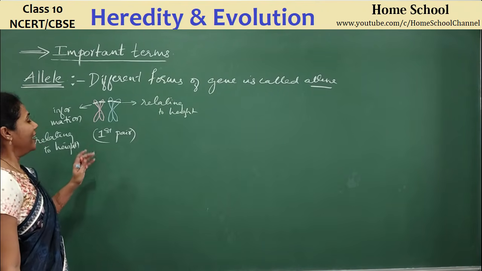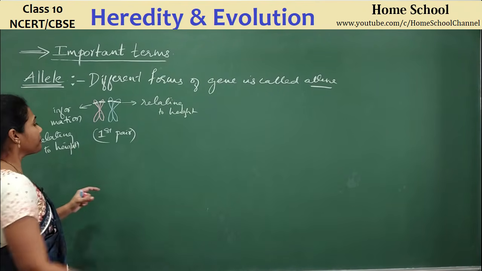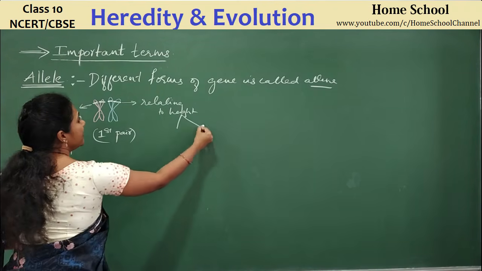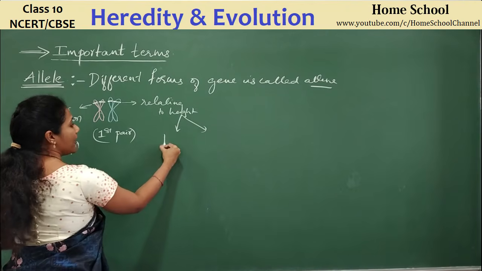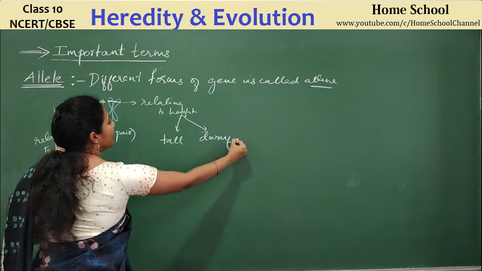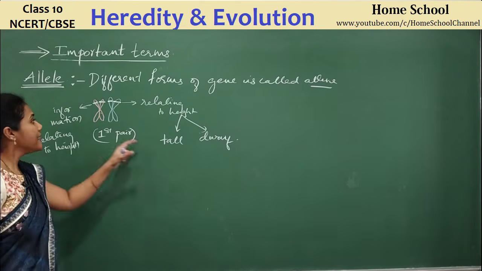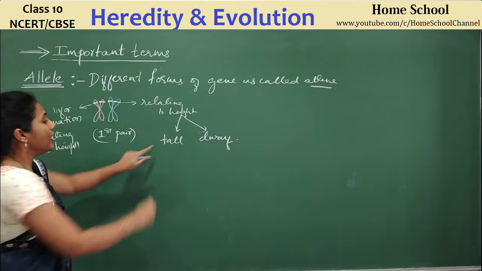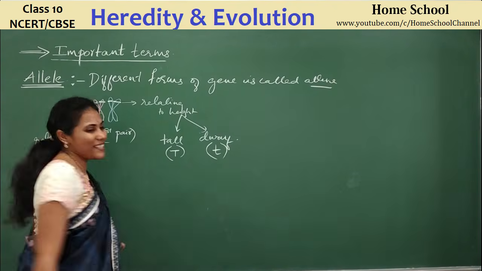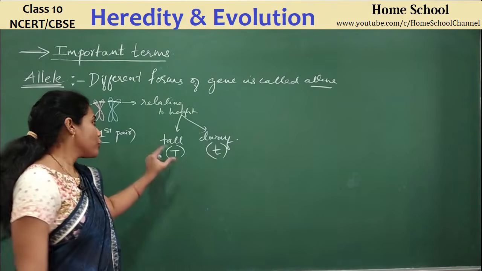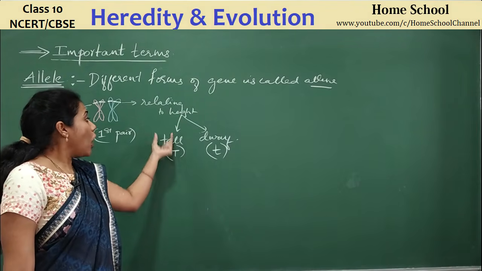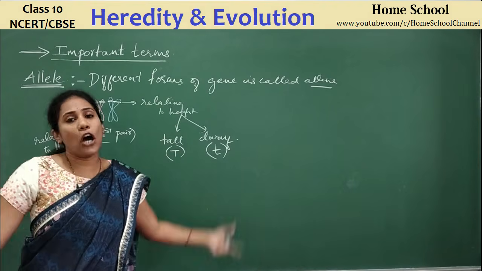Now imagine, relating to height, in the sense, height can be of two types. One is tall, another one is dwarf. Imagine here tall is represented with capital T, dwarf is represented with small t, guys. In the character called height, the tall trait is always dominant.